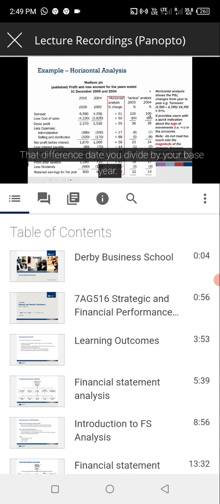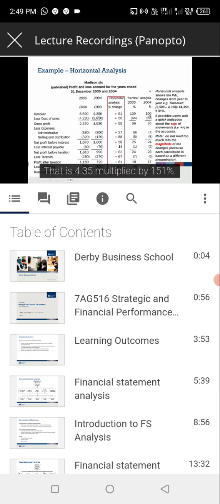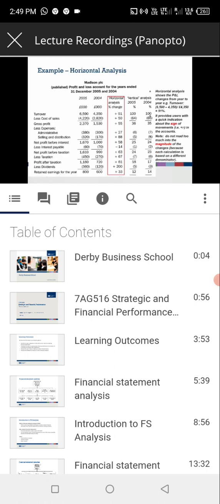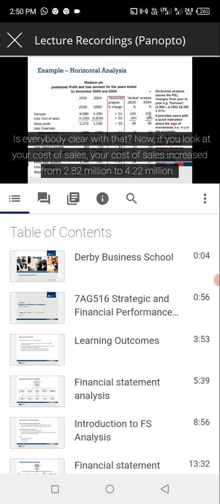That difference, then you divide by your base year. That is 4.35. Multiply by 100. And that will give you 51%, what we have here. So which means the company's revenue increased by 51%. Is everybody clear with that?